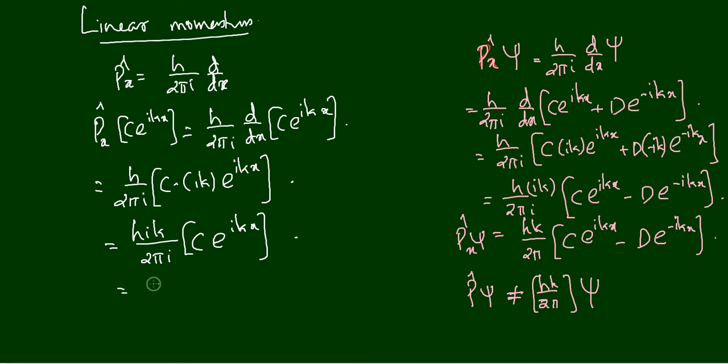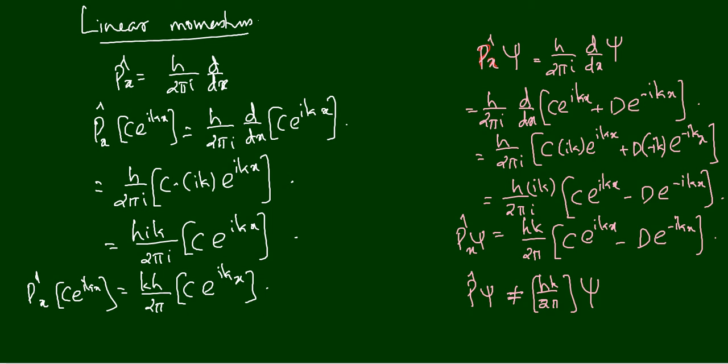That is equal to kh divided by 2 pi c e raised to ikx. What is c e raised to ikx? That is the eigenfunction here. So px cap c e raised to ikx is equal to kh divided by 2 pi c e raised to ikx.